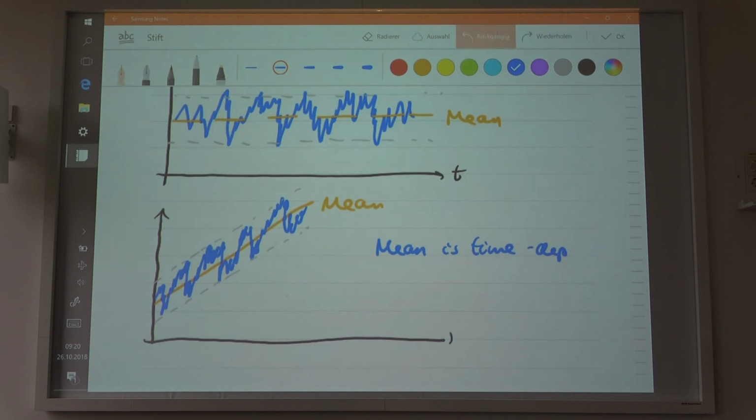But the variance is constant, more or less. This is just symbolic, of course. So here the variance is constant, but the mean is time dependent.